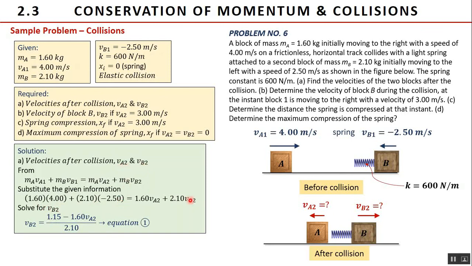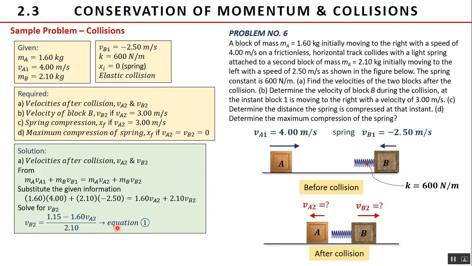So we need to construct one more equation. But before that, we can solve here either vA2 or vB2 in terms of the other. Let's say we solve for vB2, so this equation becomes vB2 equals the quantity 1.15 minus 1.6 vA2, divided by 2.10. Again, we do not know yet vA2, so we cannot solve immediately for vB2.